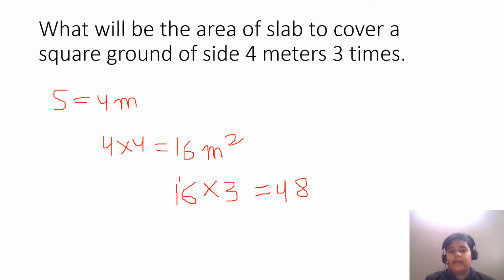It means the total area of the slab which is needed to cover a square ground of 4 meter each side 3 times will be 48 meter square. And this is the answer for this question.